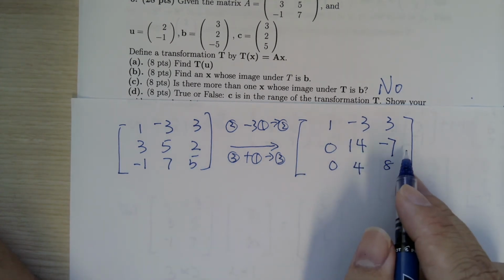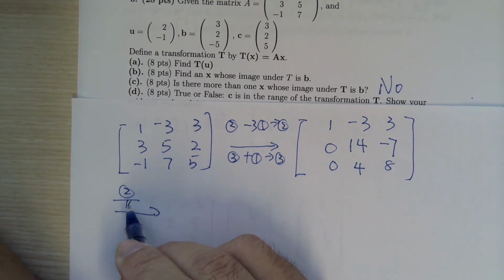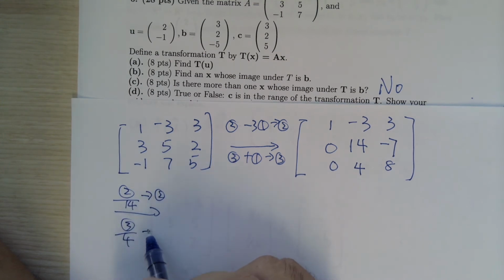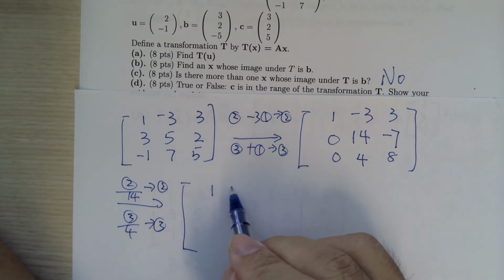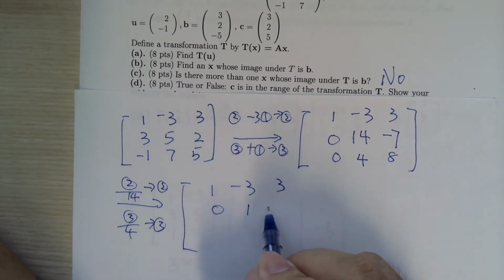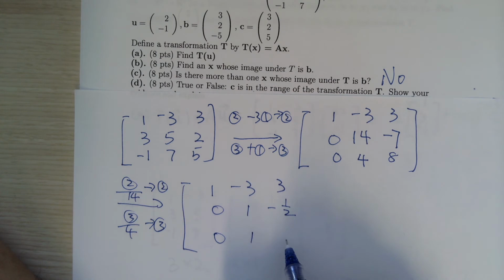So if we do row 2 over 14 become a new row 2, row 3 over 4 become new row 3, what do we got? We got 1, negative 3, 3, 0, 1, negative 1 over 2, right? And then we got 0, 1, 2 here, right?